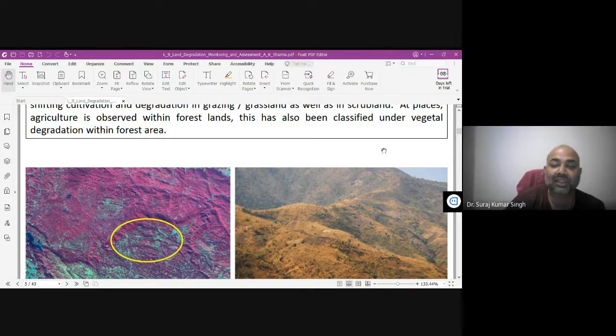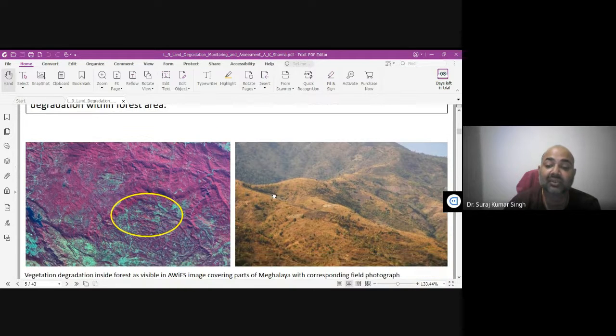So at places, agriculture is often observed within the forest land. You can see that either it can be a deep forest land, or there can be some agricultural activity going on in and around the forest land, and this has been classified under vegetation degradation within forest area.